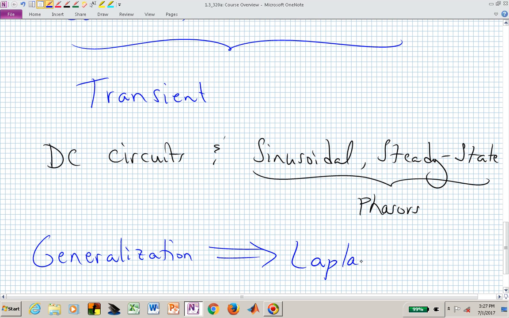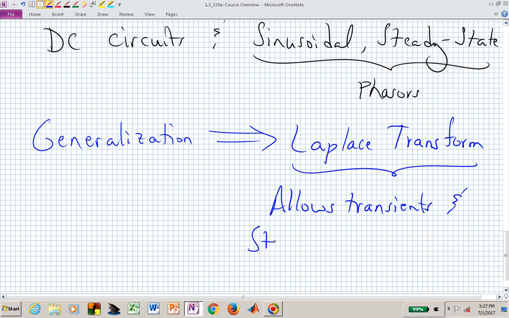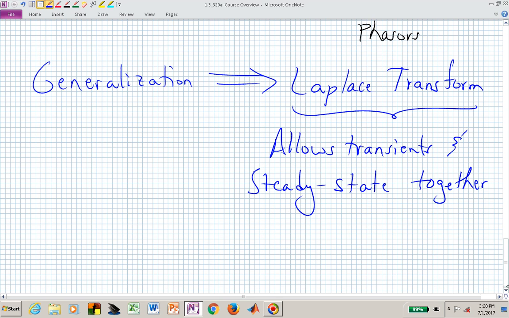Now we open up a new analysis technique in the form of the Laplace transform. This allows transients and steady state behavior to be analyzed in one swoop, together, so that we can incorporate initial conditions.